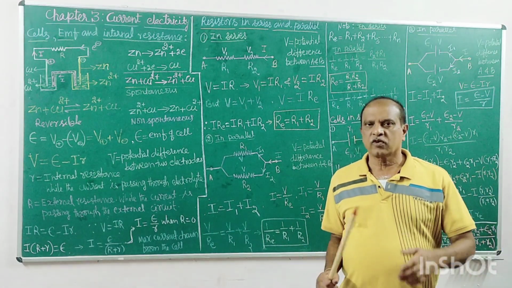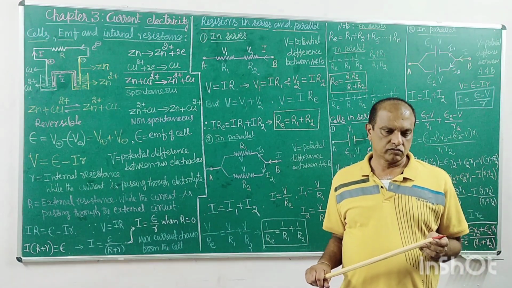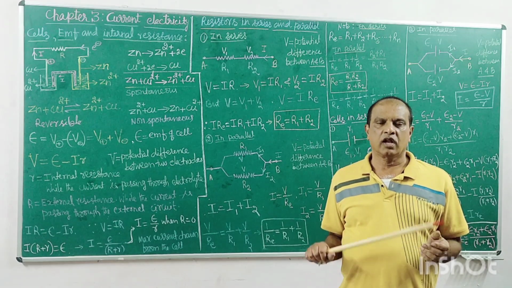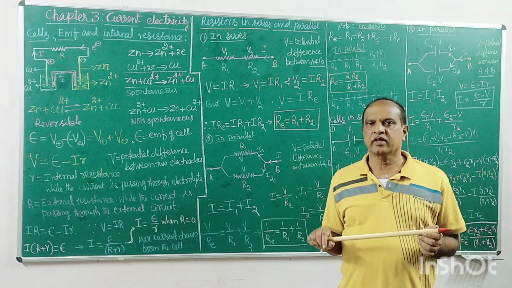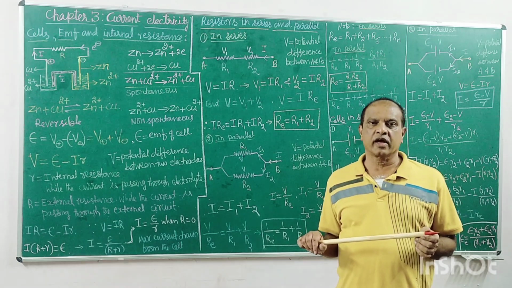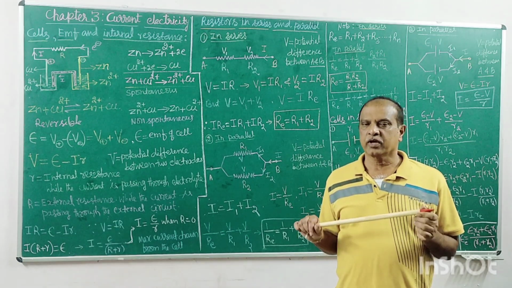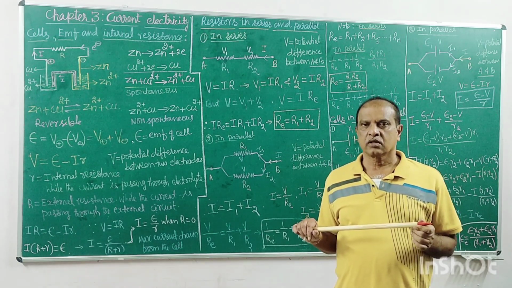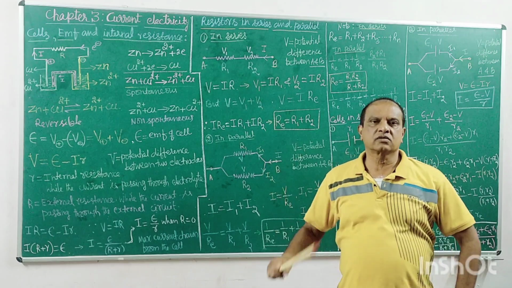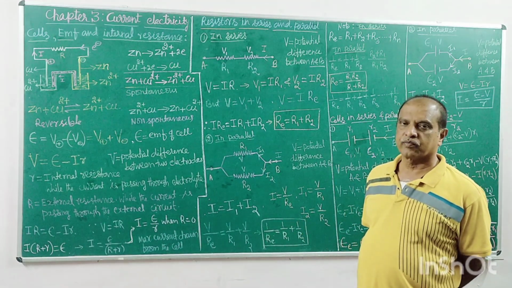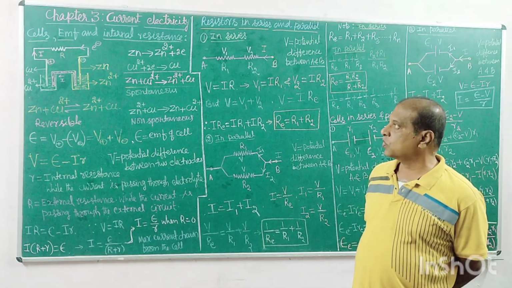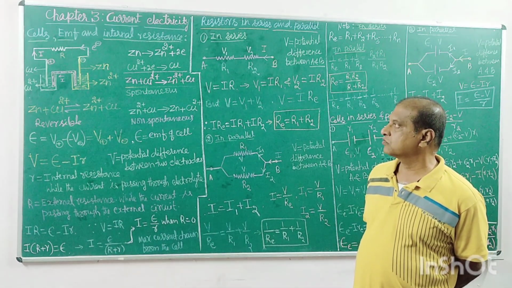So it is a source of electric current. Electric energy is produced by the chemical change or chemical reaction. It is a source of electric current.